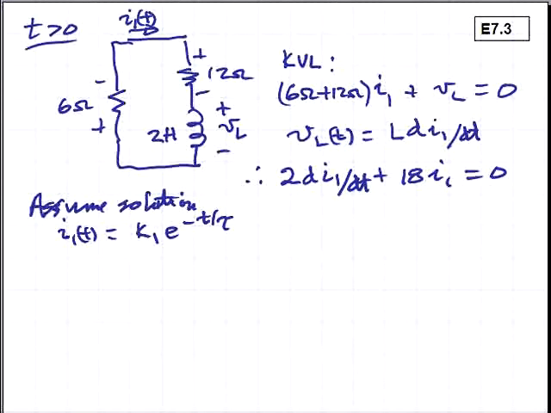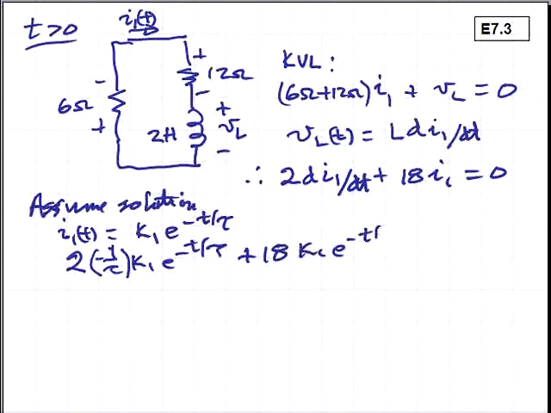So we can substitute this expression into our differential equation, and we have 2 times the derivative of that exponential relation, which gives us a minus 1 over tau K1 e to the minus t over tau, plus 18 K1 e to the minus t over tau is equal to 0. All of this cancels out, and we have that the time constant is equal to 9 seconds.